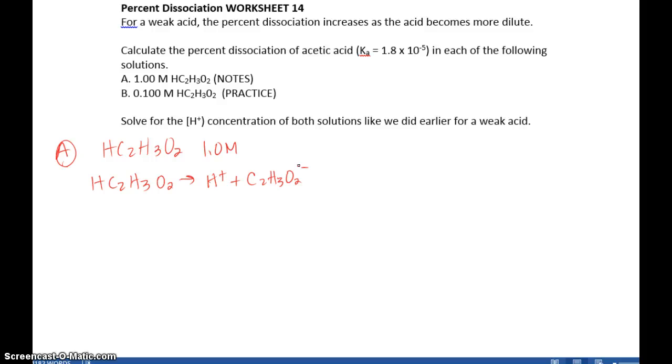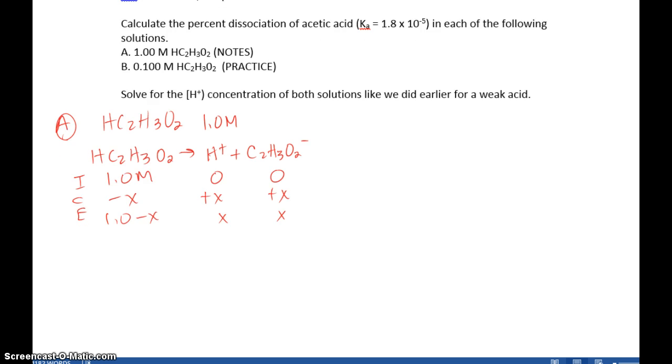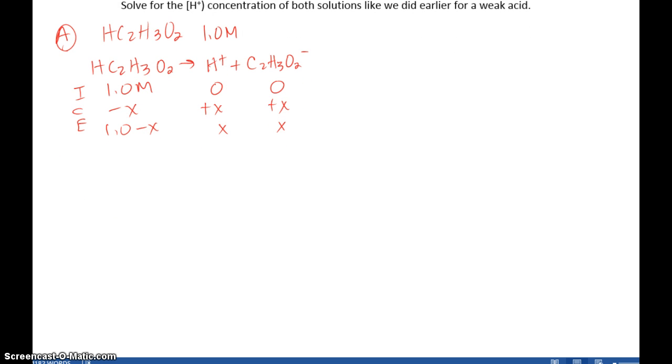But we can shorten it a little bit. We can use this reaction that we just wrote to be our ice chart. And so I know that I'm starting with 1.0 molar. I know that this is 0 and this is 0. I know that this is minus X, and so we have 1.0 minus X, X, and X. Just like on our last unit, we have to write the equilibrium expression, the whole thing.